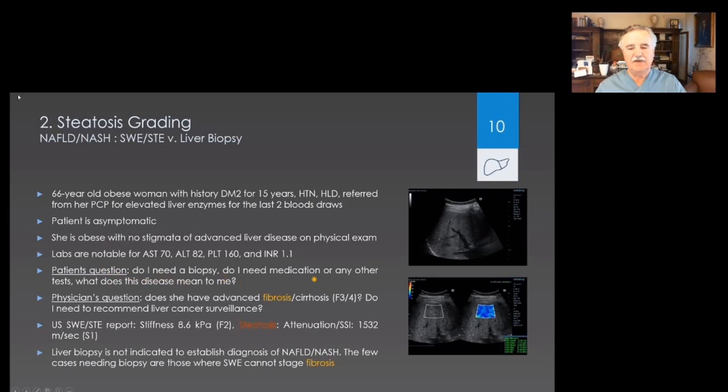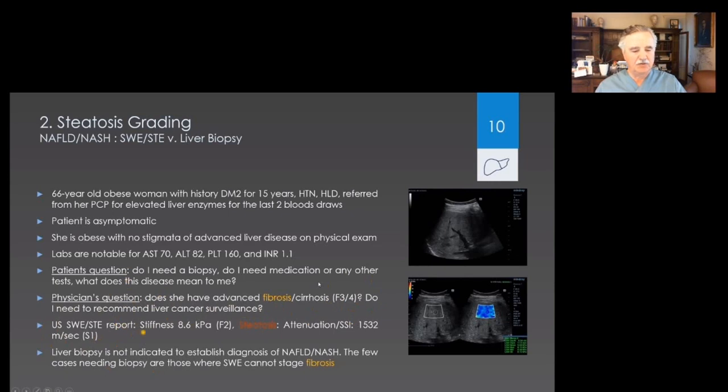Do I need medication or any other test? What does this disease mean for me? And the physician's question is, does she have advanced fibrosis, meaning F3 and F4? Do I need to recommend liver cancer surveillance? Only this examination can answer both questions.